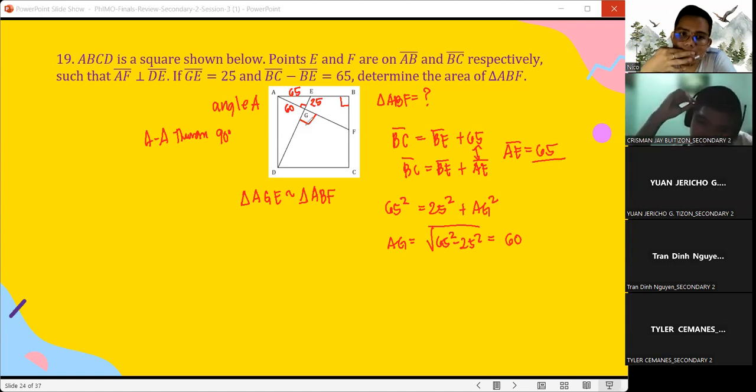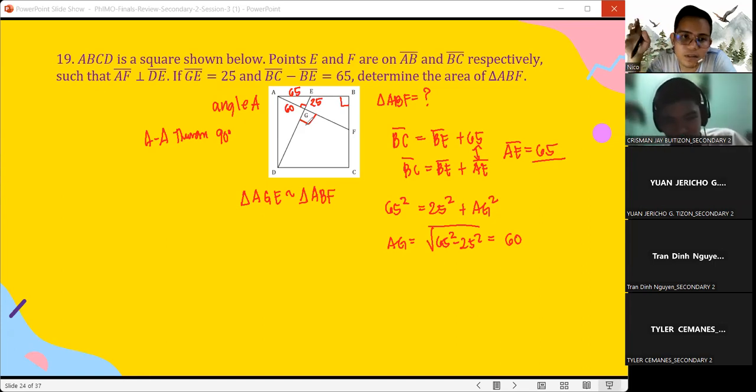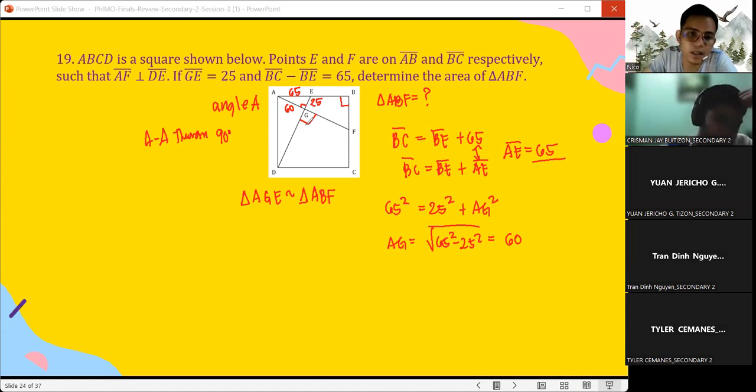Wait, or I'm wrong. 60, 65. I'll double check. 65 AE. 65. So DAE, okay, correct. So I double checked it na. So if you look at this one, the DAE is congruent with ABF.